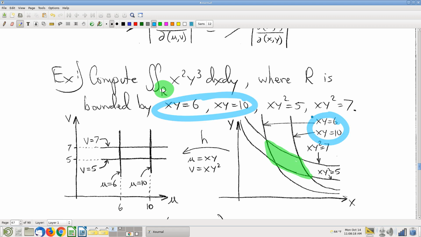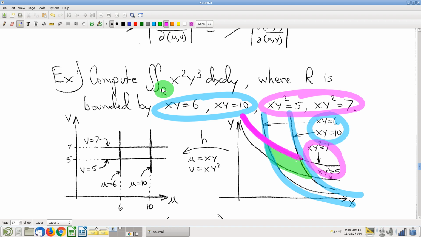These two curves here with those two equations, and then also these two curves here with these two equations, a slightly different structure. So, four equations in the xy plane give me four curves that bound this region, and over that region is where I want to do my integral.